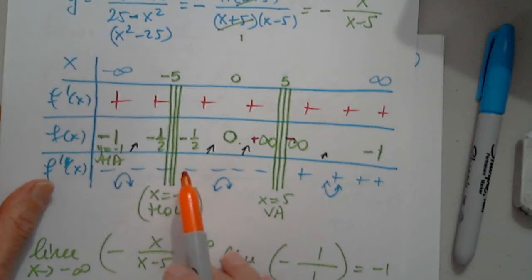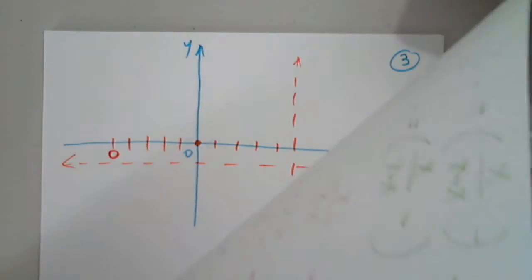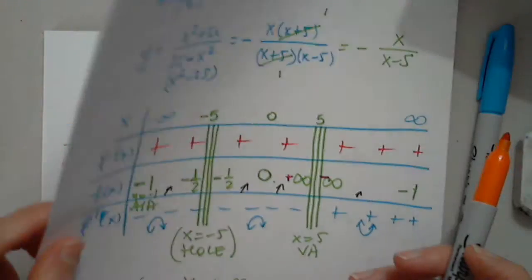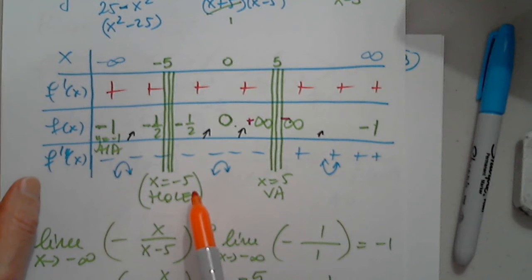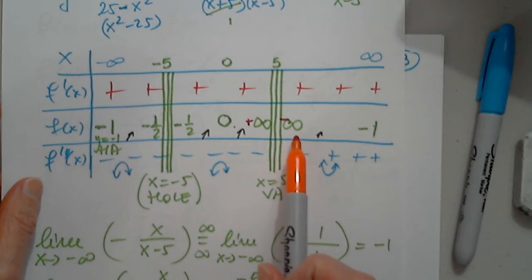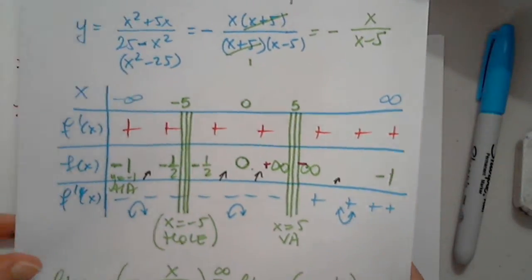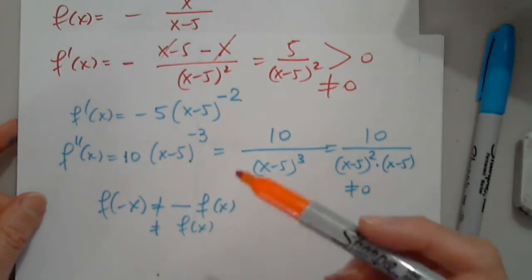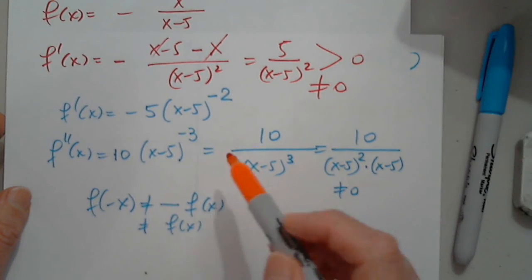I'm thinking, how can it be opening down? It makes no sense. My signs are wrong. I think for the second derivative that they're positive. Say it again.